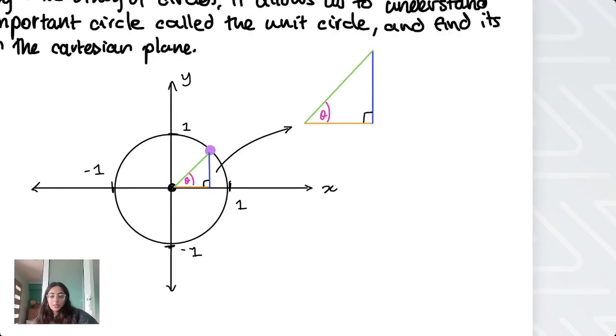Cos is x, sine is y, so y is sine, cos is x, okay, and the gradient is tan.